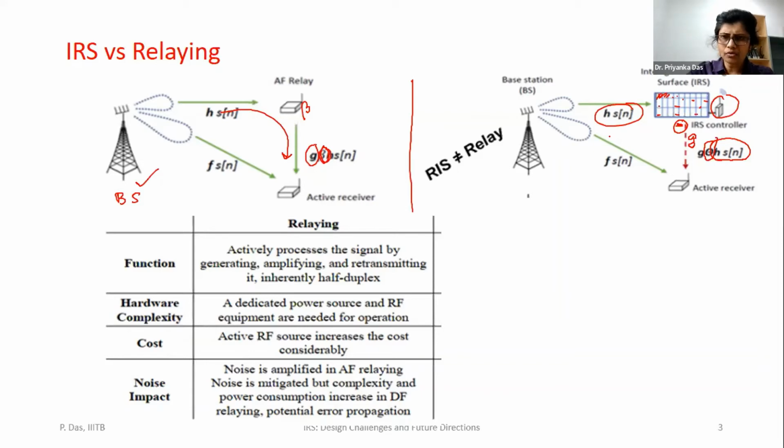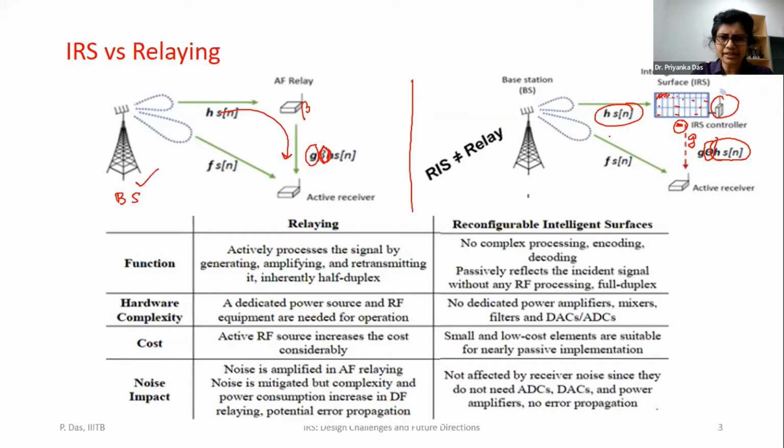Now, theoretically, what are the differences? Since it doesn't require any active elements, only passive elements are set, you do not need to do this RF processing. Another advantage compared to these half duplex relays is that IRS can give full duplex operation. You are transmitting and receiving at the same time.